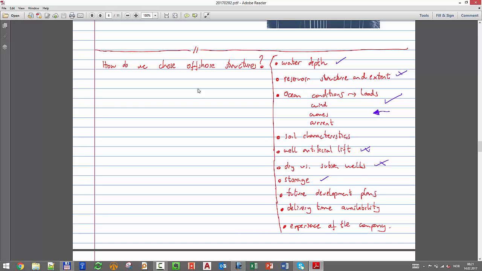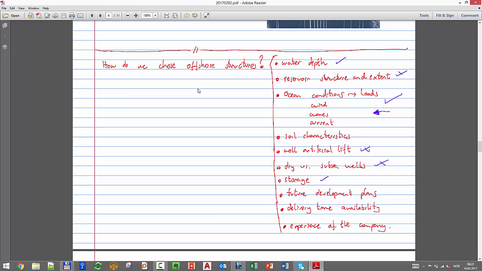And in a way, the selection comes from the physics, the spread of the reservoir. If you have a reservoir that is very spread and you want to drill everything from one location, then your drilling package will be just too big and very costly. So in that case, you prefer to go for a subsea development and tie back to.